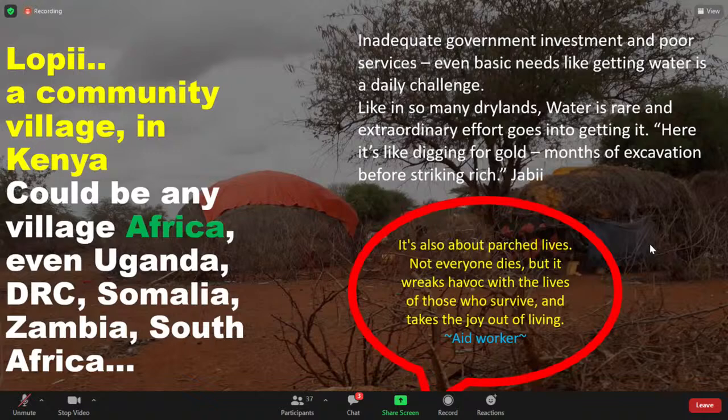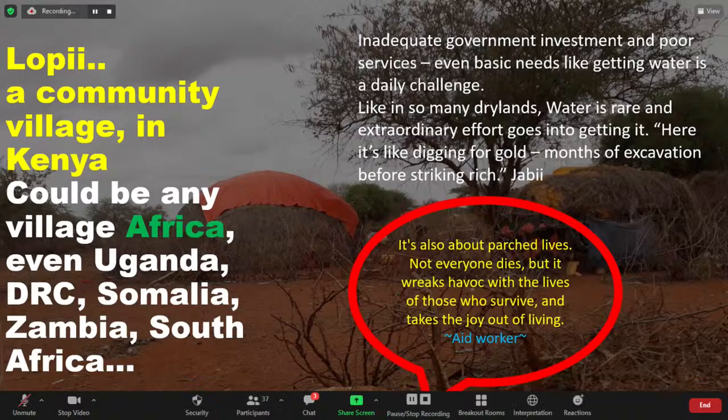Okay, so I'll start with a story of Lopia Community Village in Kenya. It could be any village in Africa, could be in Uganda, Somalia, Zambia, or even South Africa. For Lopia Village, one of the challenges we have been having is inadequate government investment and poor services, such that even basic needs like getting water is a daily challenge for many women and girls as well.